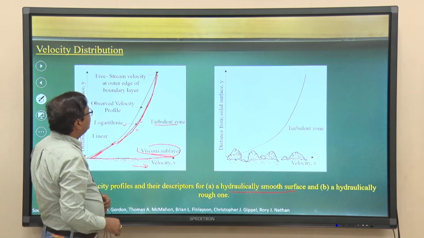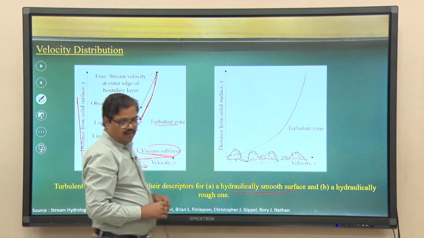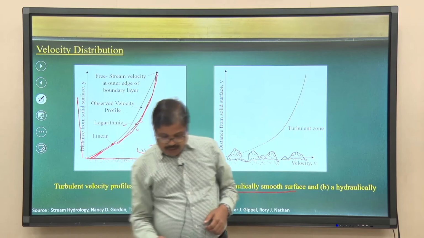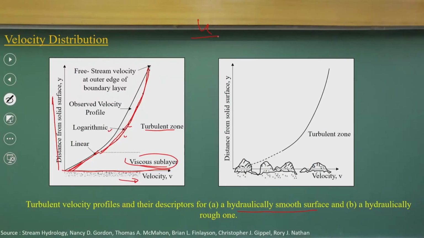If I write the velocity distribution, it follows like this: u by V star, where V star is the shear velocity, is equal to 5.75 log of y V star by nu, where y is the depth and nu is the kinematic viscosity, plus 5.5.